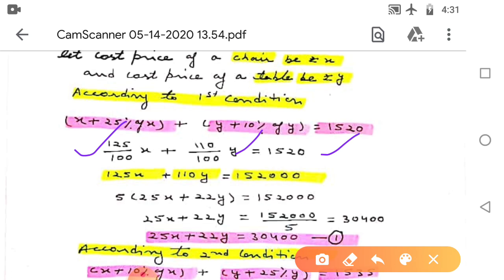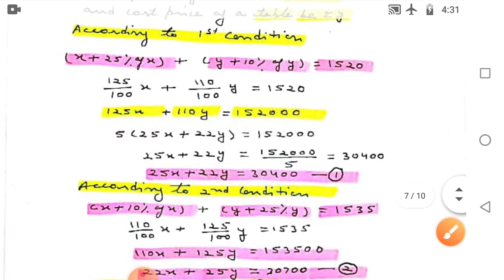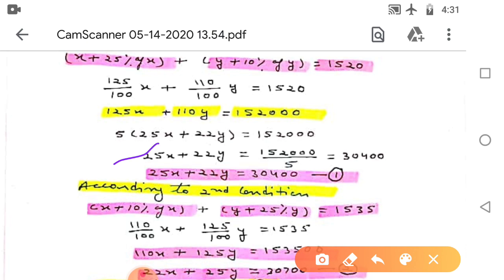Now the equation becomes 125x plus 110y is equal to 152,000, and you can take 5 common, and finally equation 1 becomes 25x plus 22y is equal to 30,400. Clear?